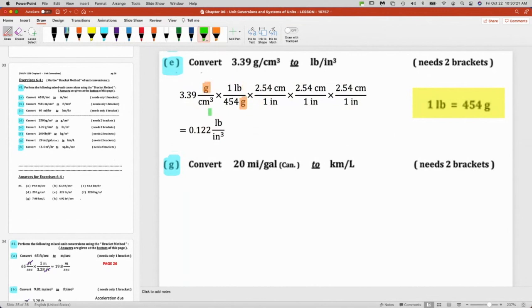And then the centimeters here cancel with these. So these things in green are gone. And then what survives are the units that you want, which I'll circle. Pounds, inches, inches, inches. Actually, whoops. I'm not going to highlight them. It kind of takes away, I think.